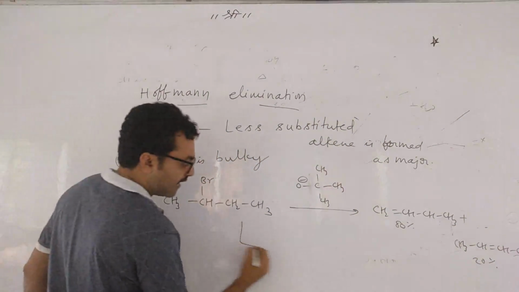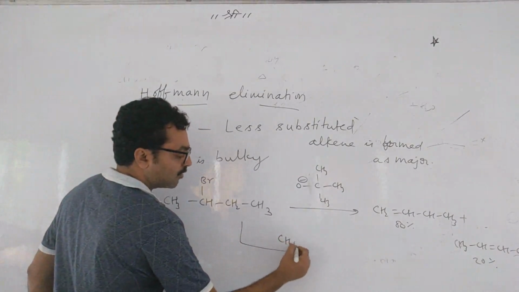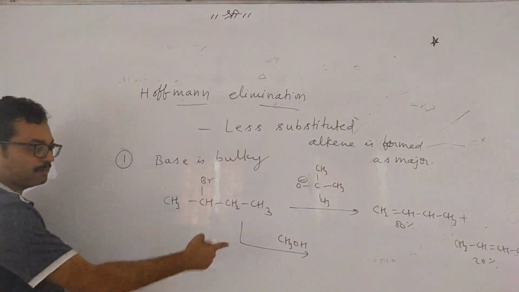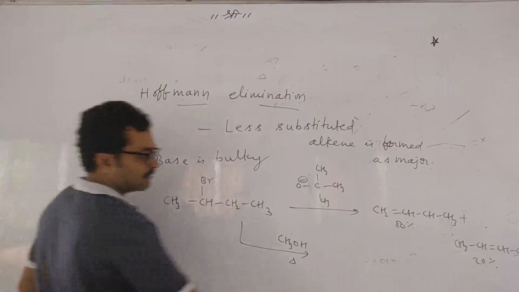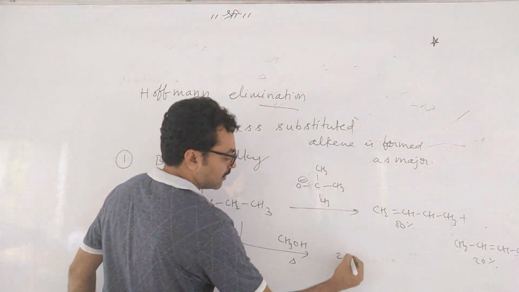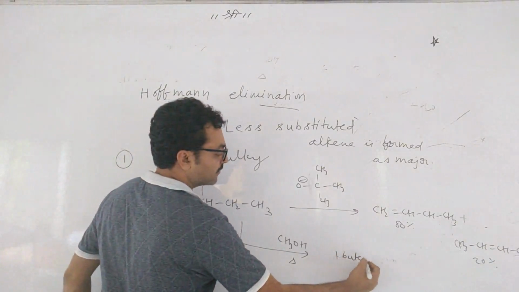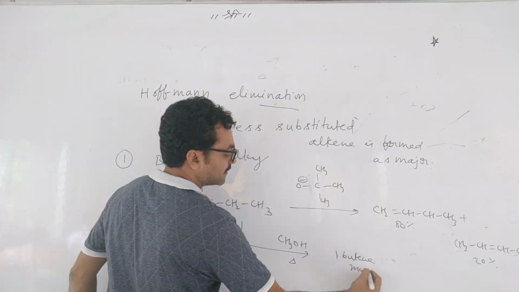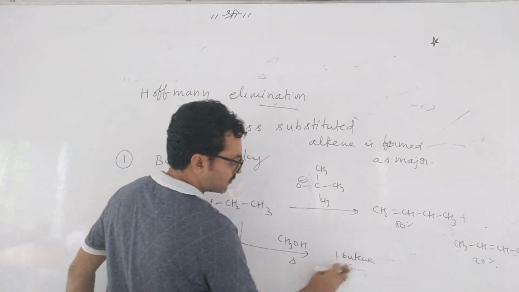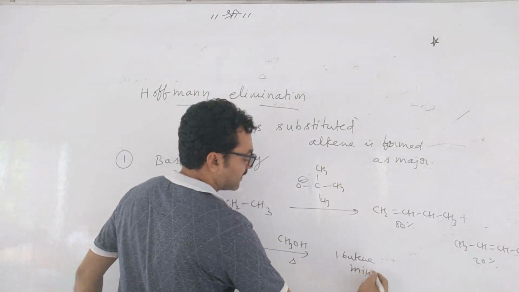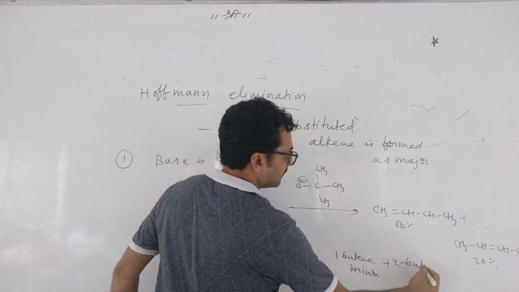Okay? If I add methyl alcohol, a normal base, and heat, then I will get the reverse. Then I will get 1-butene as the minor one, and 2-butene as the major one. Reverse.